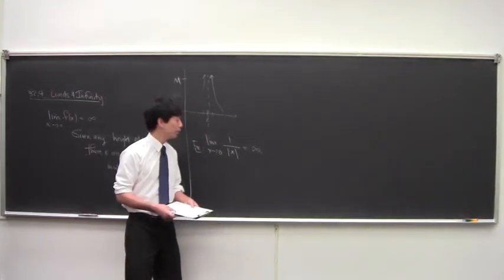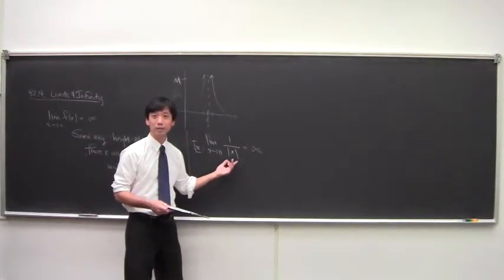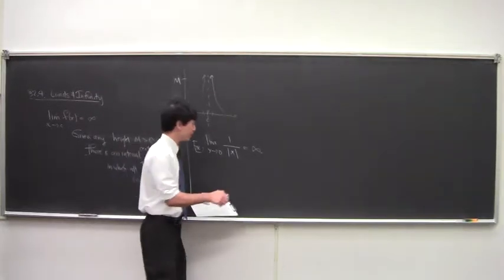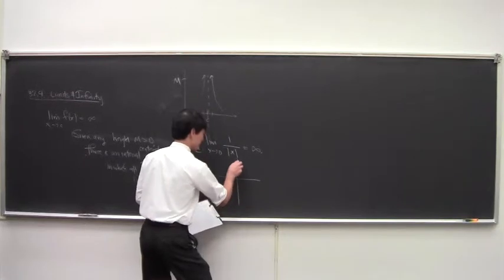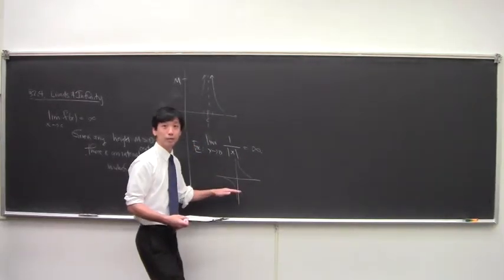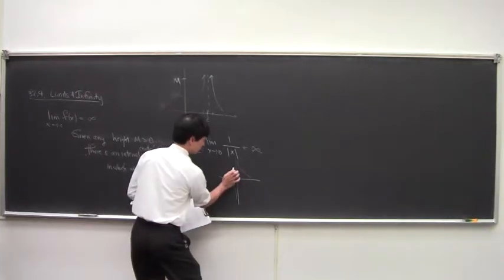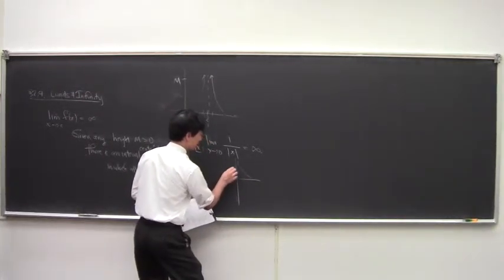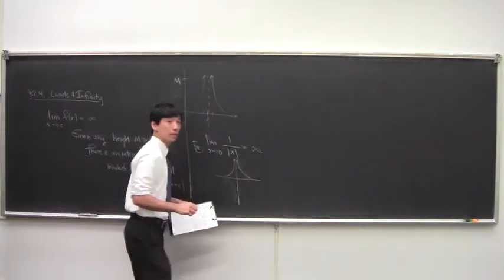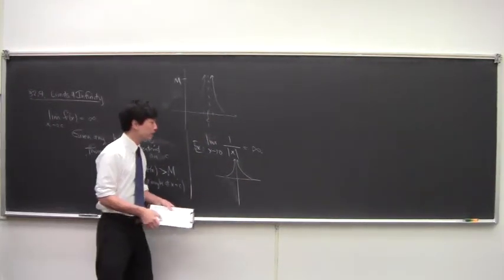What's the picture of 1 over x? Somebody just gesture. 1 over x looks like this. 1 over the absolute value of x, of course, everything's going to be up. Everything's going to be positive. Like this.